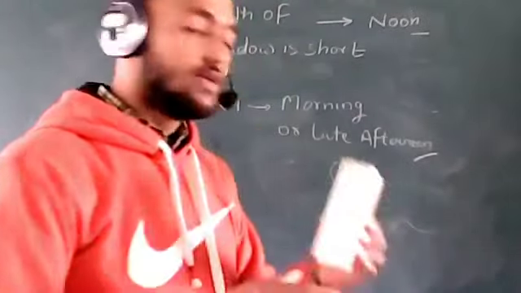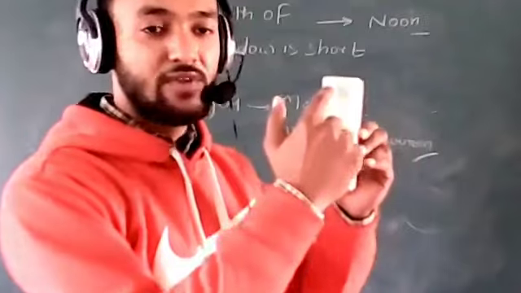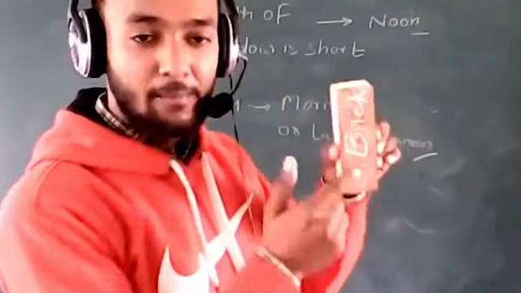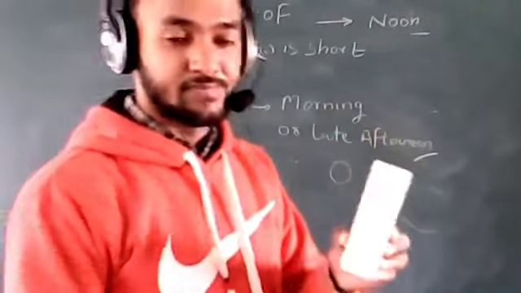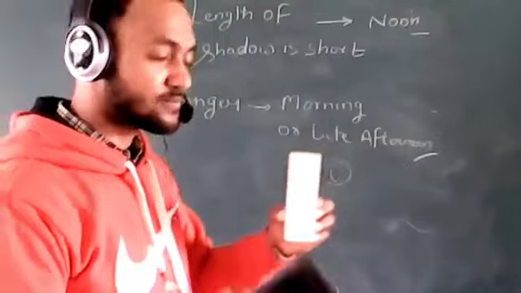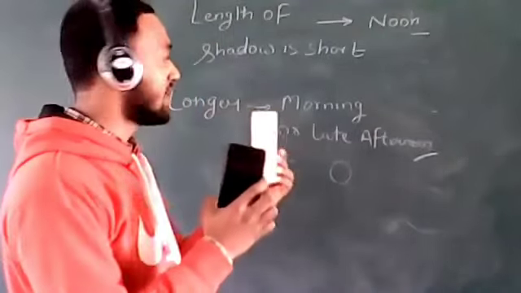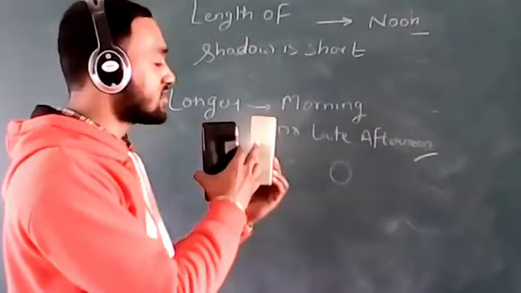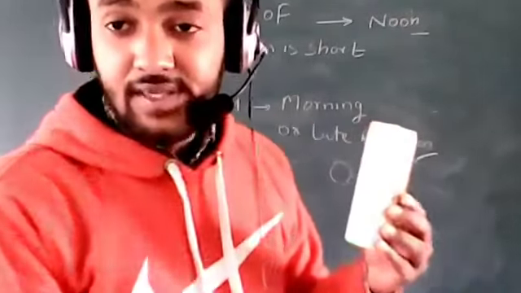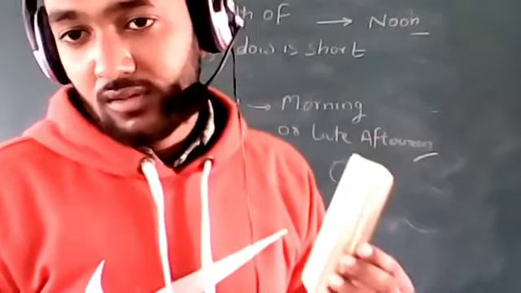See here, this is a duster, and we are assuming this is the front part of the body and this is the back part. If this is the light source and this is the shadow, where is the shadow formed? Behind the object.